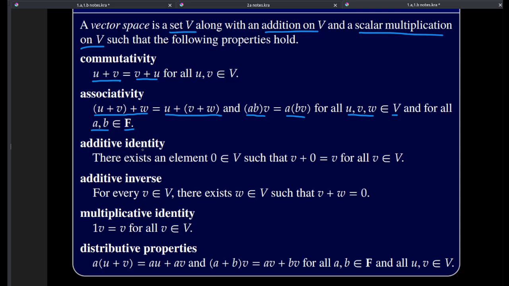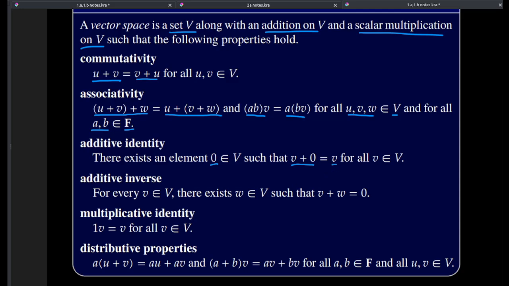Okay, cool. Next up, another familiar thing, an additive identity. There is an element which we're just using the symbol 0 to denote. It does not have to be the number 0, the list of all zeros, or really anything that remotely looks like a 0. We're just going to use the symbol 0 to represent it. And it's just the thing that if you use the addition operation, it doesn't do anything.